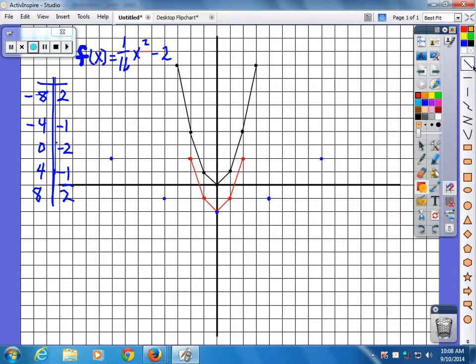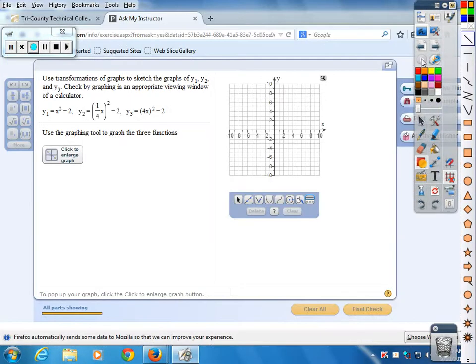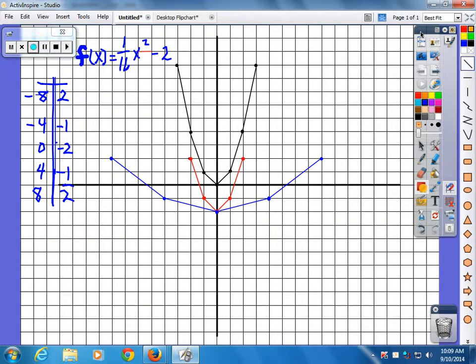We're going to go here, change it to blue. Okay, what can we tell happened here with this parabola? It got wider. Did the vertical shift change? No, it did not. And that's why it's still crossing the y-axis at the same spot.